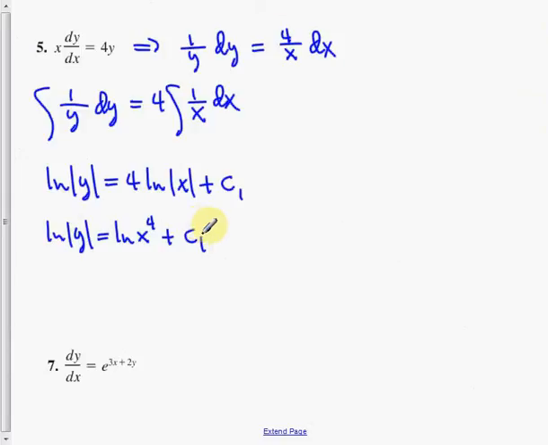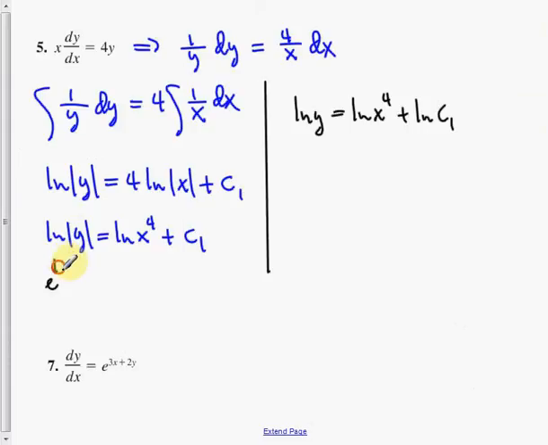Sometimes in some circles, they may write the natural log of y is equal to the natural log of x to the 4th plus the natural log of c sub 1. And then exponentiate everything everywhere. So here we exponentiate this, we get e to the natural log of y is equal to e to the natural log of x to the 4th plus that constant.